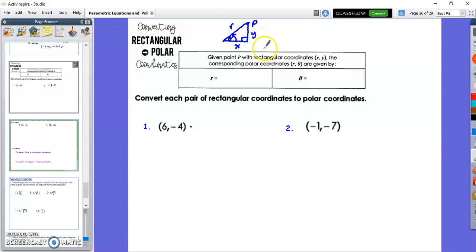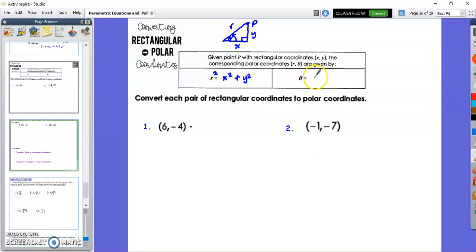From the right triangle trigonometry, we will now use the Pythagorean formula. To get r squared, we are going to use x squared plus y squared, or the same thing as a squared plus b squared to get your c squared.